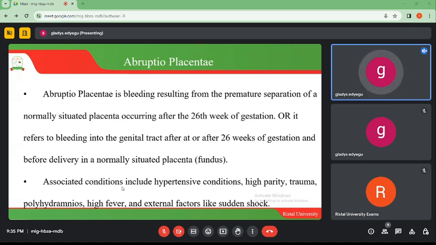But if it is below 26 weeks, then that one will be called an abortion, and we don't expect them to survive despite the services or the care that can be provided.